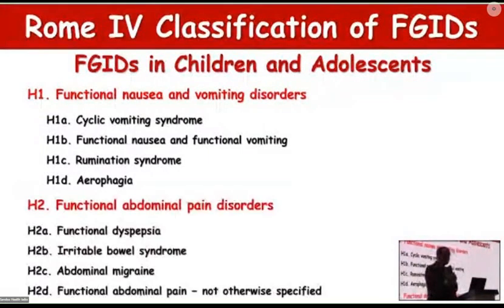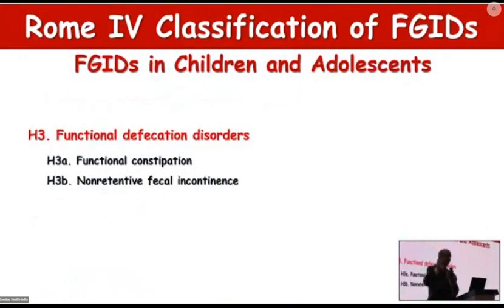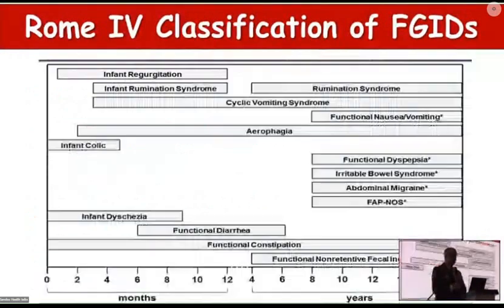The second is functional abdominal pain disorders, which includes functional dyspepsia, irritable bowel syndrome, abdominal migraine, and functional abdominal pain, not otherwise specified. The last is functional defecation disorders, whether functional constipation or non-retentive fecal incontinence. These are the Rome 4 classification of functional gastrointestinal disorders.